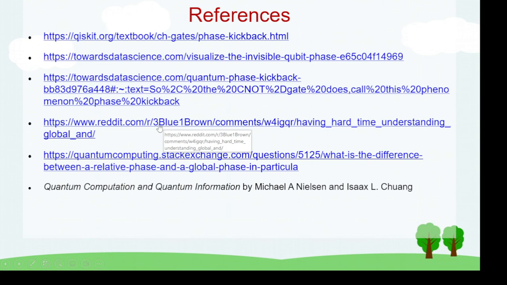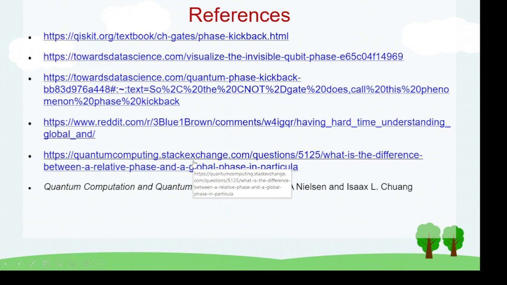I also found the question and answers on Reddit and Stack Exchange very interesting, so I recommend you go through them. And lastly, the textbook Quantum Computation and Quantum Information by Mike and Ike, Nielsen and Chuang, also explains phase kickback to some extent.